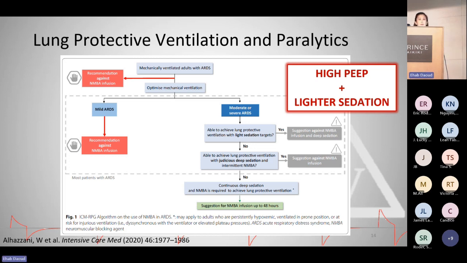Usually if you're able to ventilate appropriately, at that point you just stop. If you need more assistance or help with ventilating, you can choose to give intermittent boluses or to start a continuous infusion of the neuromuscular blocking agent.